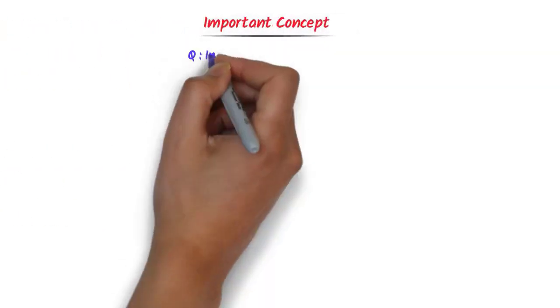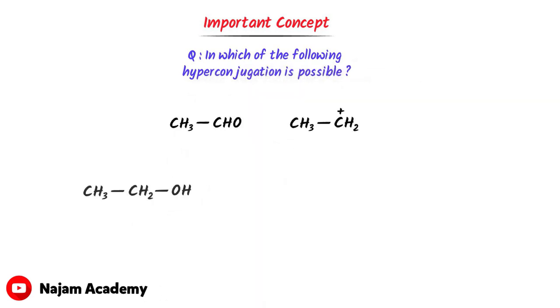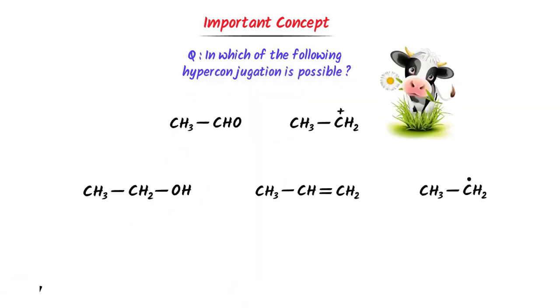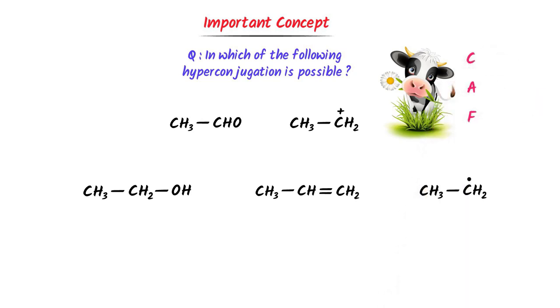Now let me teach you one very important concept. In which of the following compounds is hyperconjugation possible? Well, consider this word CURVE. I always write CURVE. Hyperconjugation is only possible in carbocations, alkenes, and free radicals of hydrocarbons. Now the first organic compound is aldehyde. Hyperconjugation is not possible in it.